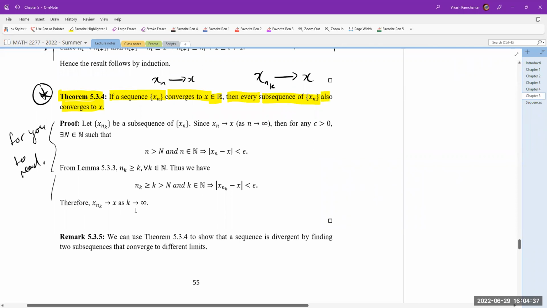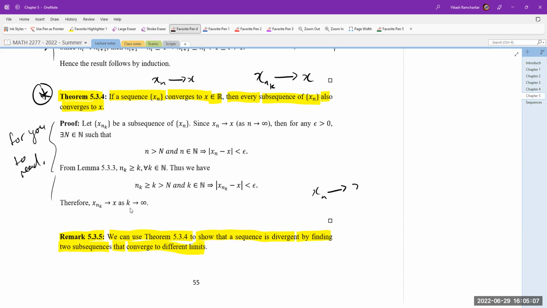What's useful from this theorem is we could actually use this to tell whether or not a sequence diverges. That's given by this remark. We can use this theorem to show that a sequence is divergent by finding any two subsequences that converge to different limits. Because we know that if the original sequence converges to x, then all the subsequences of it must also converge to x.